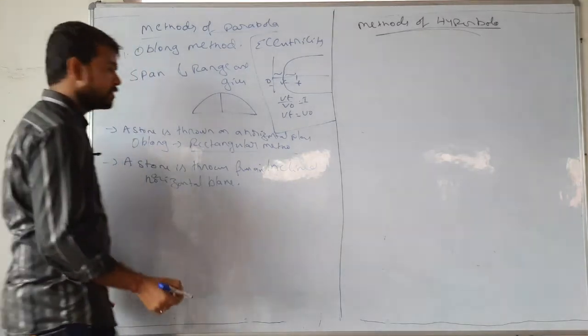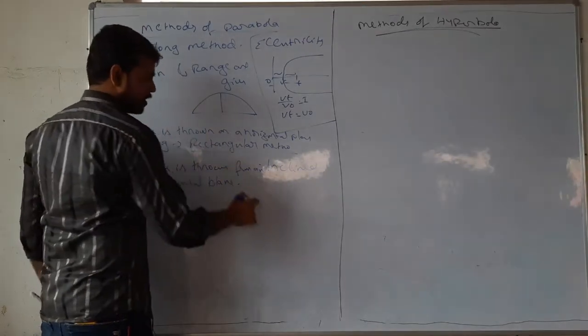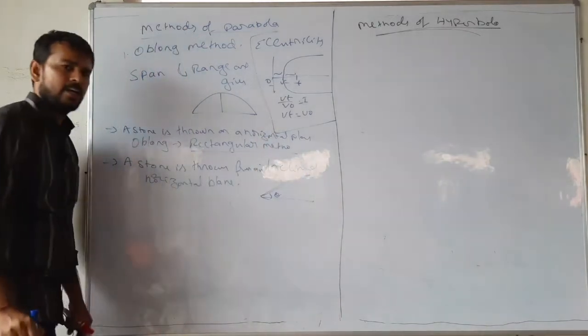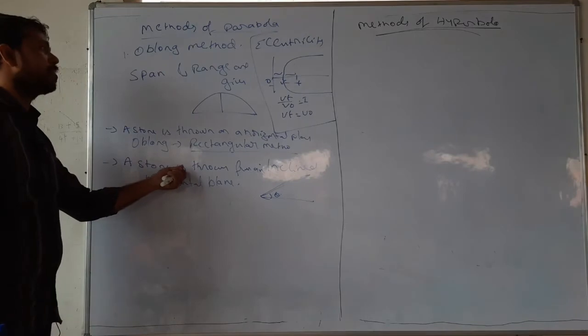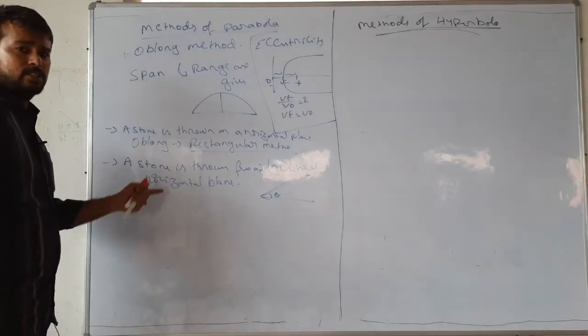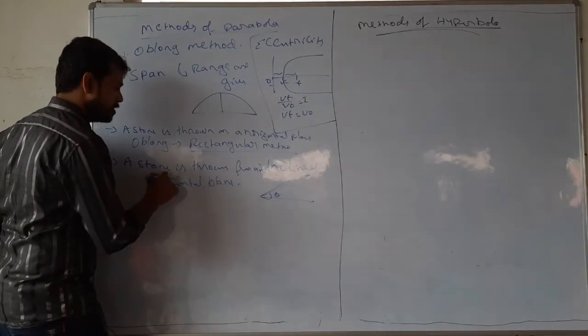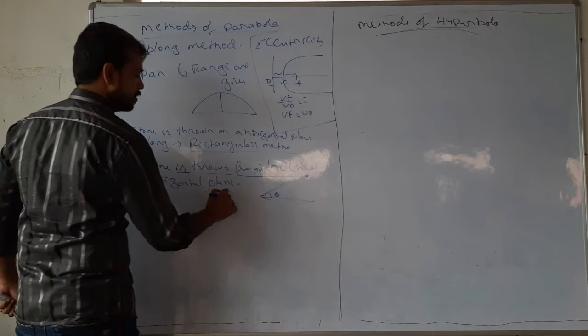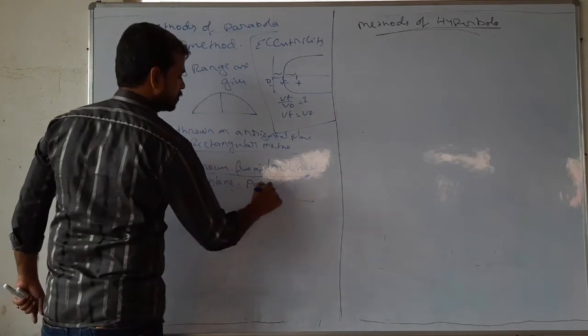Inclined horizontal plane means this angle will be taken. How we have to draw a parabola by the parallelogram method, I will give you the link in the description. So when the stone is thrown from an inclined horizontal plane, you have to go for the parallelogram method.